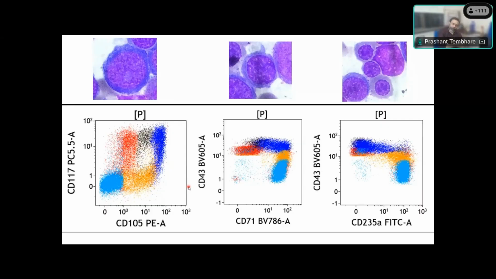We have the earliest pronormoblast, pronormoblast, intermediate pronormoblast, intermediate normoblast, and late normoblast. This is the typical maturation pattern of normoblast maturation, or erythroid precursor maturation.